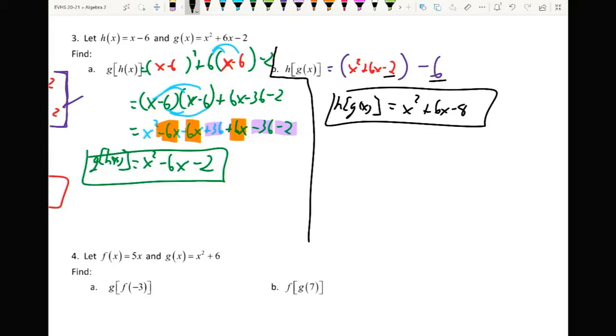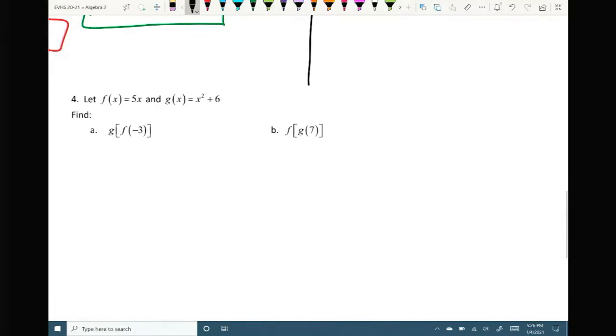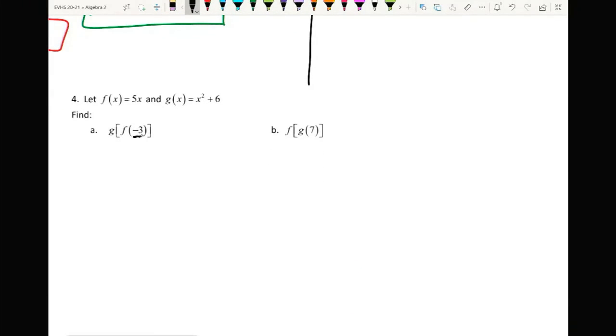Okay, now on 4, this one takes it even a step farther, and instead of having an x inside the inner argument, we're going to have a number. Now, what I would suggest here is actually resolving out f of negative 3 down to an actual number.